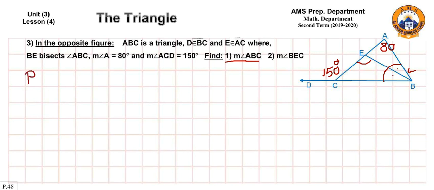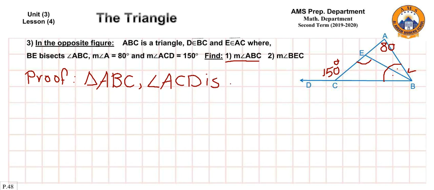How can we write the proof? We will start by the big triangle. We will say in the triangle ABC, our angle ACD is an exterior angle.